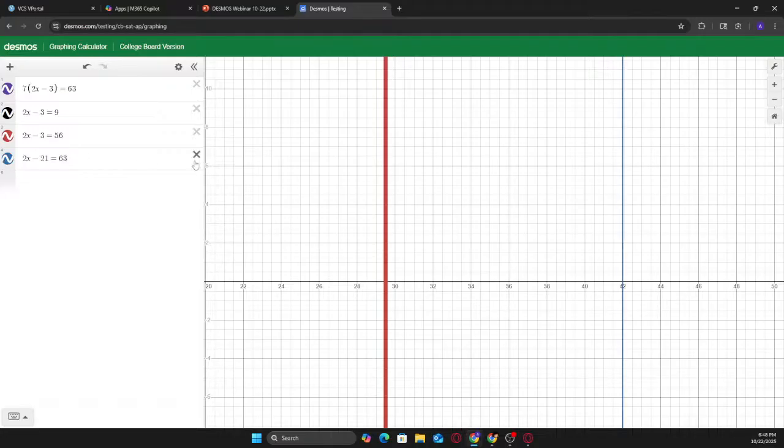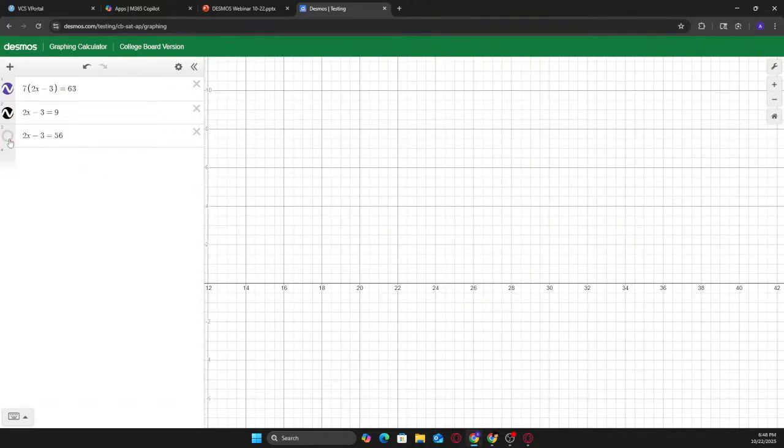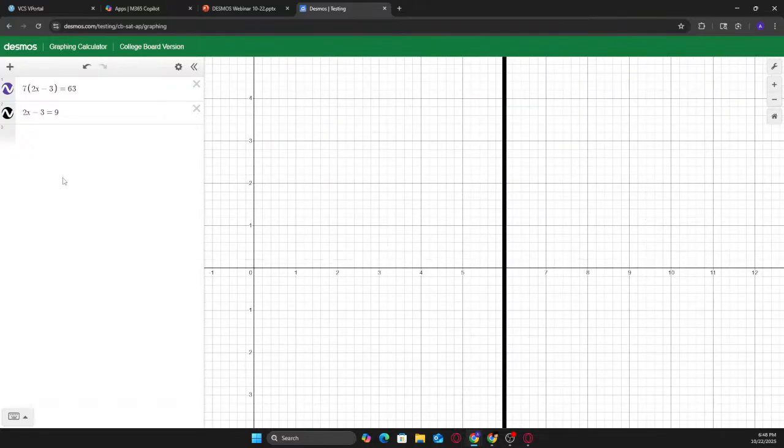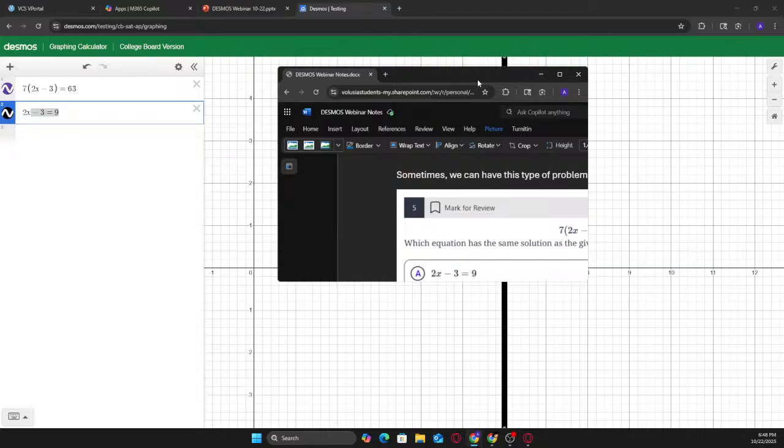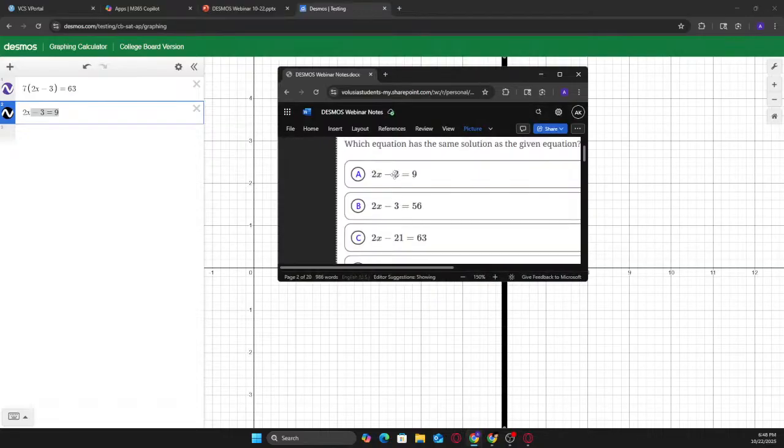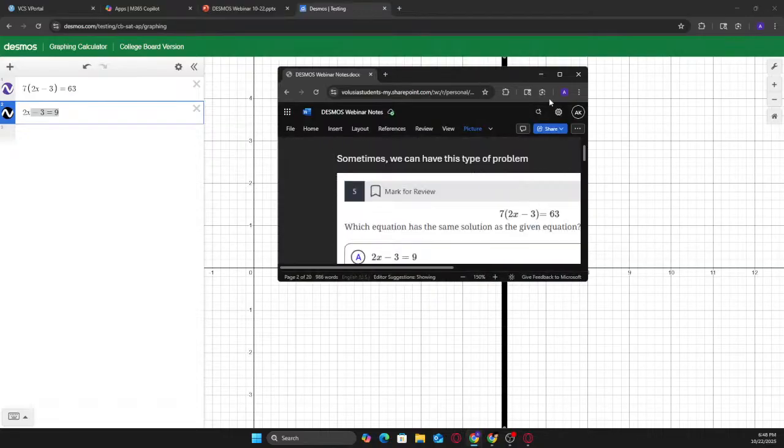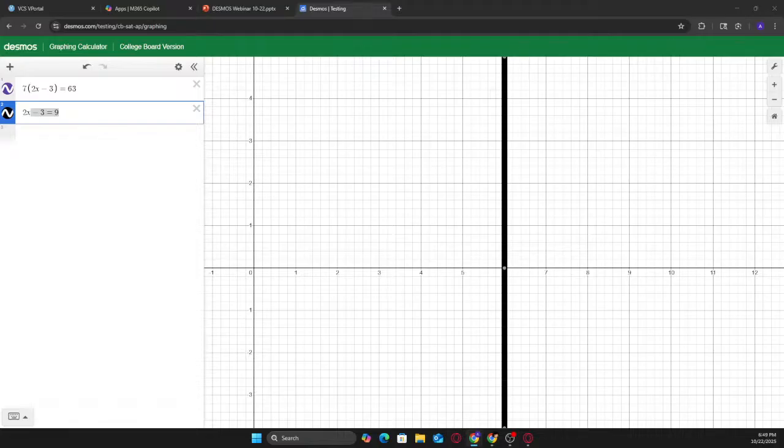There's no line, so that's not the answer. Red, no answer, so that's not the answer. Last but not least, oh, there's a purple line right underneath this one. So that means that's going to be the answer. So right here, hold up. 2x minus 3 equals 9. That's the answer to that problem.